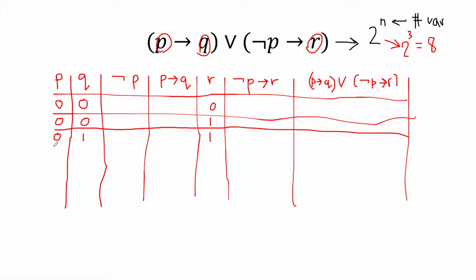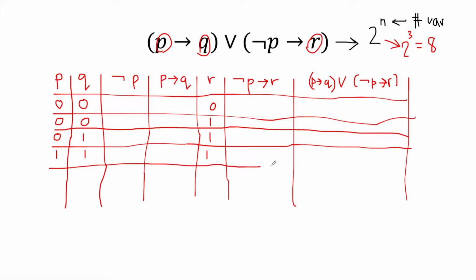And then the third row, we have 1, 1, 1 here. We need another 4 rows.